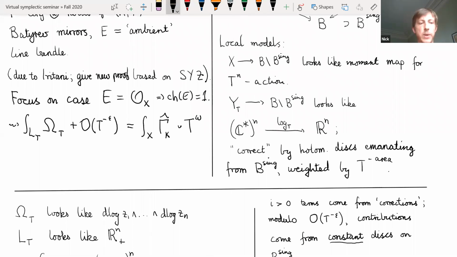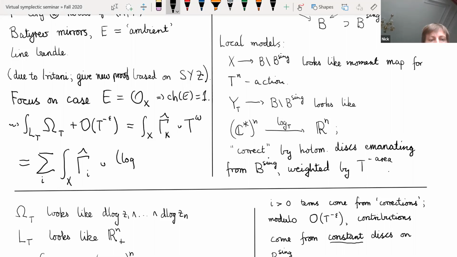And so we can expand this out according to the cohomological degree of the pieces that we're matching up, and we get a sum that looks like this.